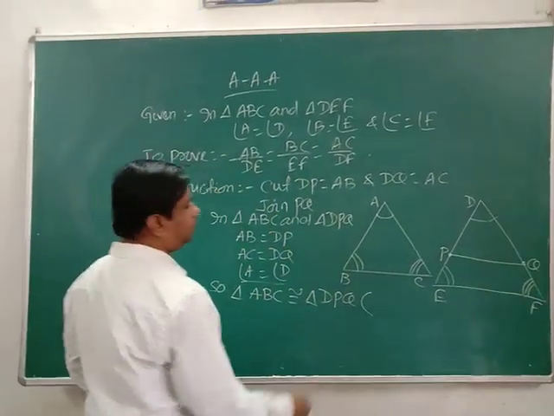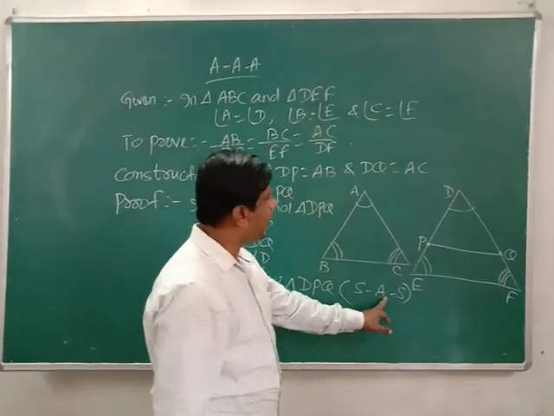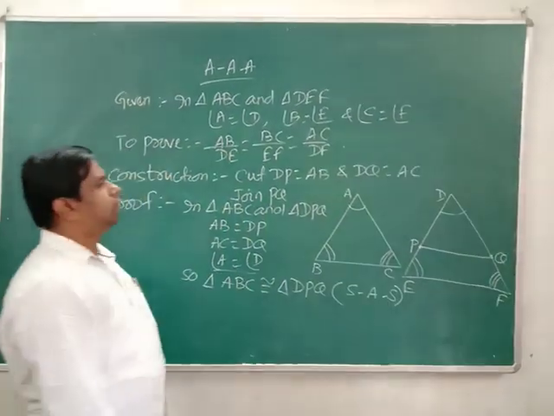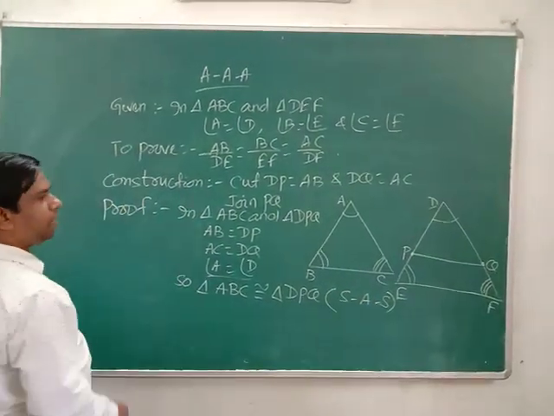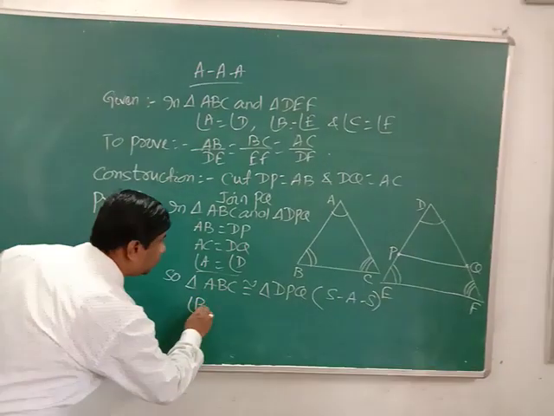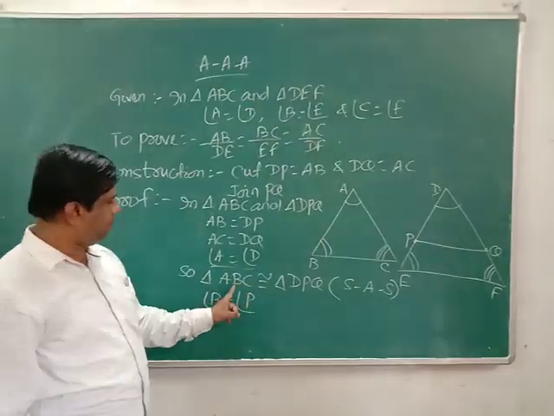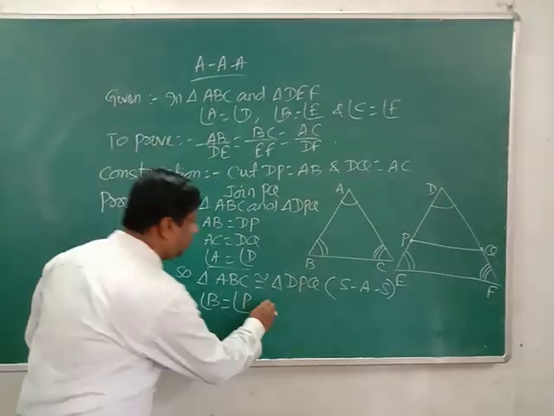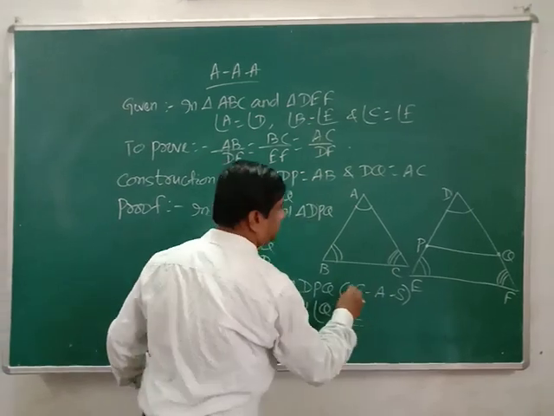On which criteria? Side, angle, side. SAS. That means two sides and the included angle. So from that I can say that angle B is equal to angle P, and angle Q is also equal to angle C.